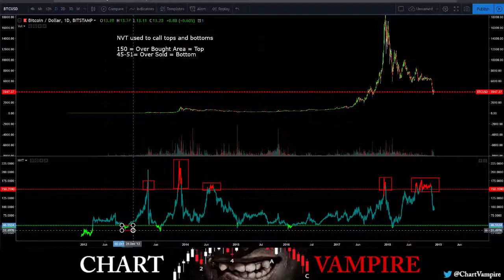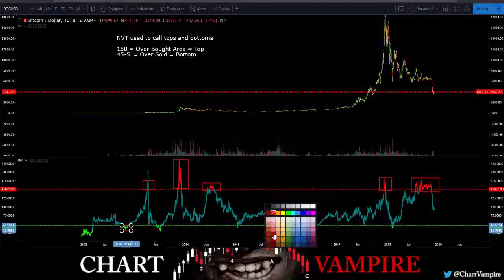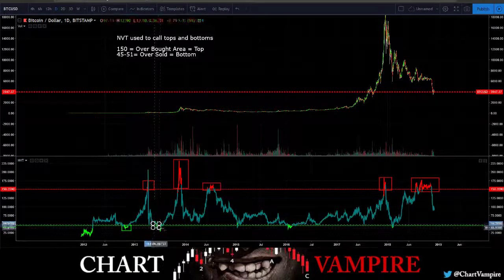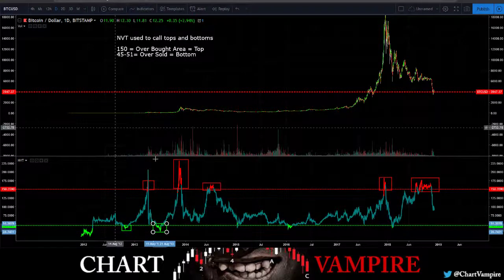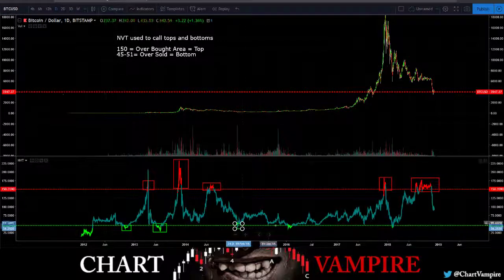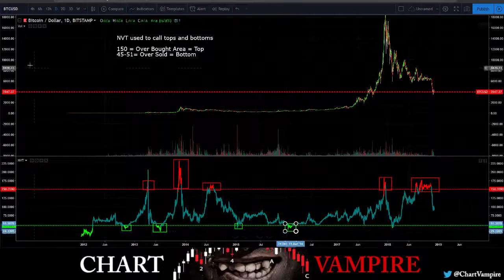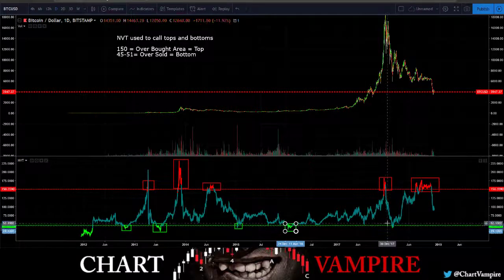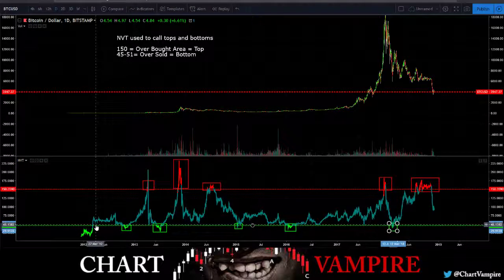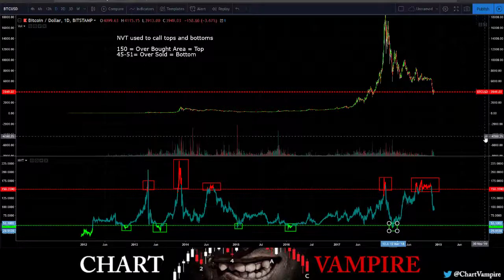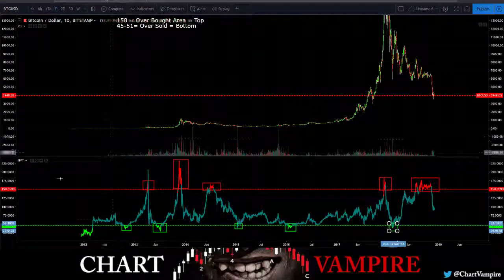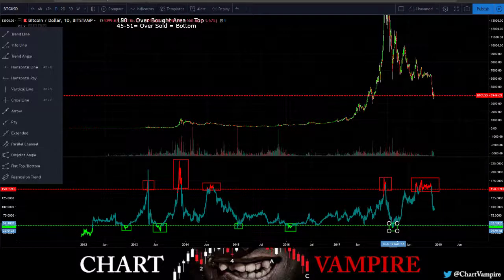So first thing we're going to do is get down here and start marking our bottoms. When did the NVT chart call really the true bottoms? We're going to start to dig in here and mark them out. And then, of course, the very beginning, still a bottom. Now, it's pretty easy. There are multiple ways to track these down in order to back test this.